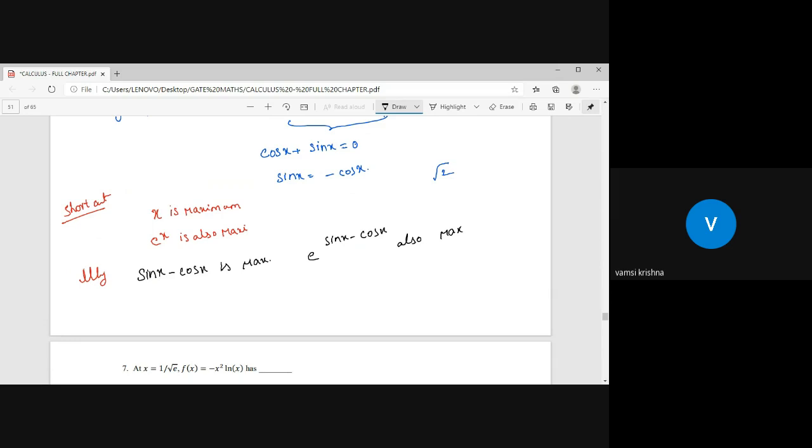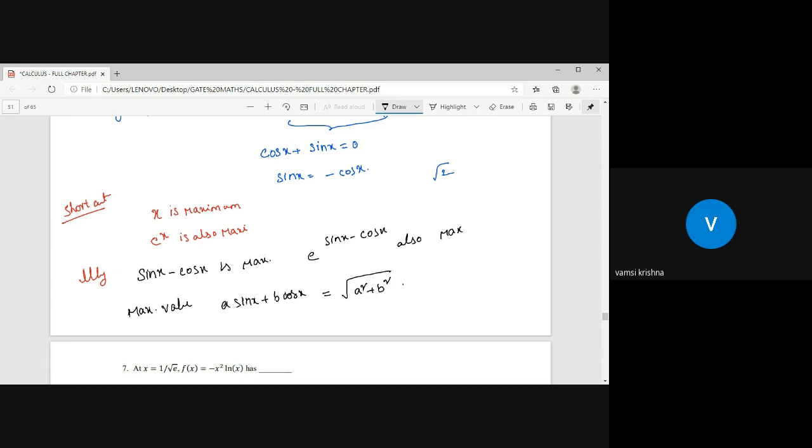We have a famous formula: the maximum value for the predefined function a sin x plus b cos x is equal to the square root of a square plus b square.